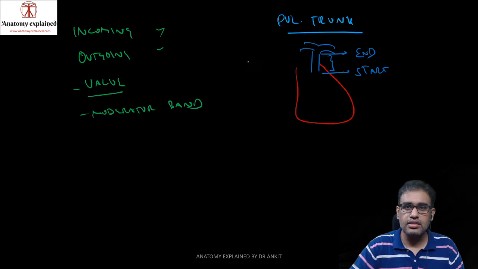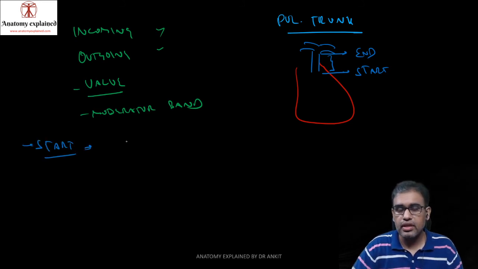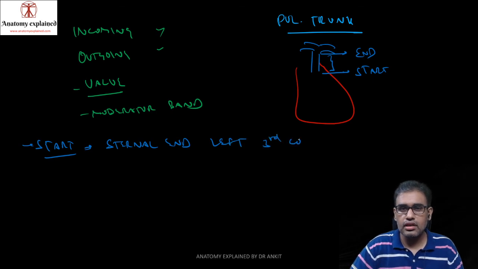So if we elaborate this, the starting point of the pulmonary trunk is behind the sternal end of the left third costal cartilage.